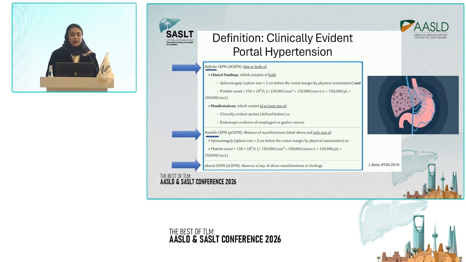In definite, they have both clinical findings, such as splenomegaly and thrombocytopenia, and at least one of the complications such as ascites or endoscopic evidence of esophageal varices. For possible, there is an absence of the manifestations, with only findings such as splenomegaly or low platelets. And if none of these are present, portal hypertension is absent.